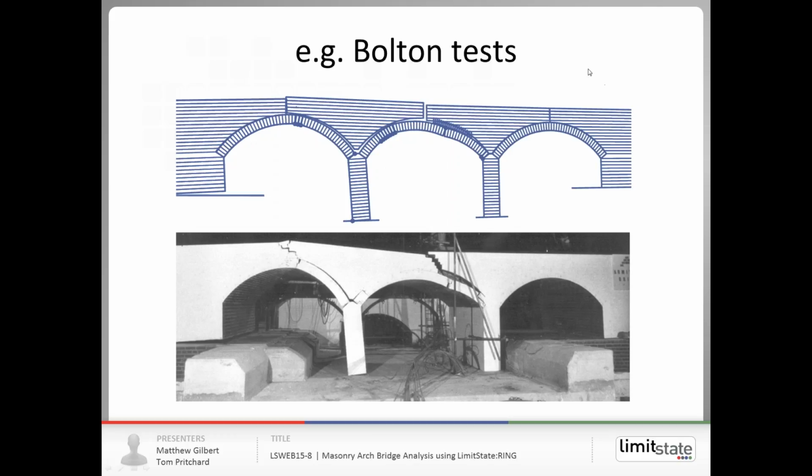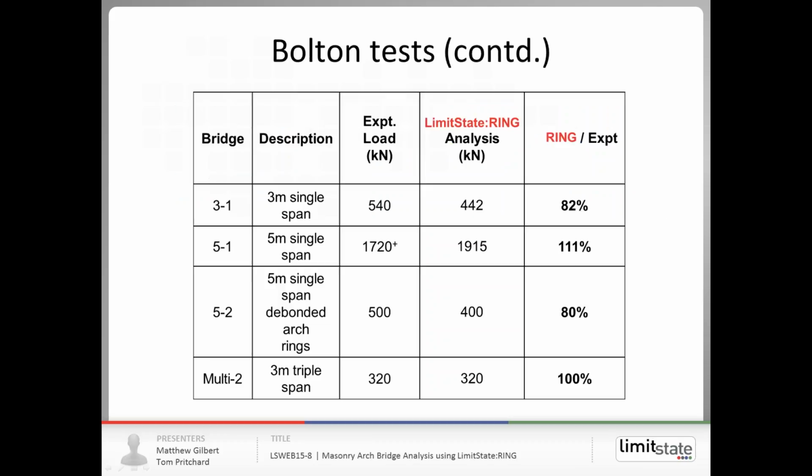You can see a couple of them in the image below, and you can see output from a very early version of Ring above. And in terms of the correlation between the tests and the software, it's pretty good.